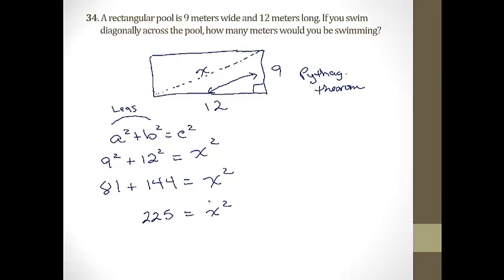It means that x squared, if I squared it, would be 225. So to get rid of this square, we use the radical, because that's the opposite of the exponent 2. The square root of x squared is x. Square root of 225 is 15. So the pool is 15 meters diagonally.